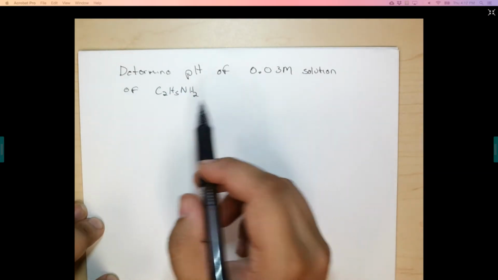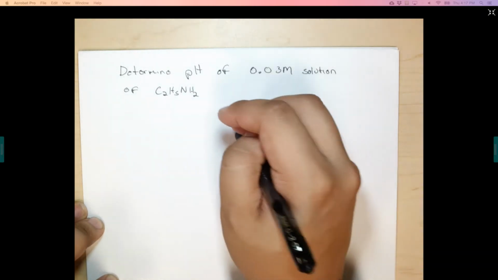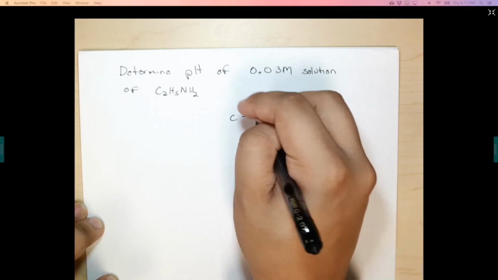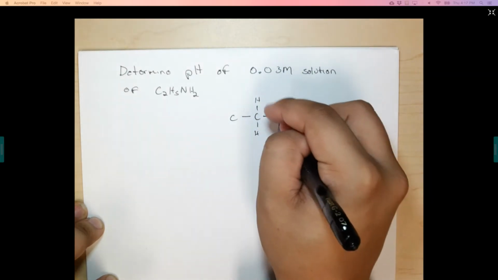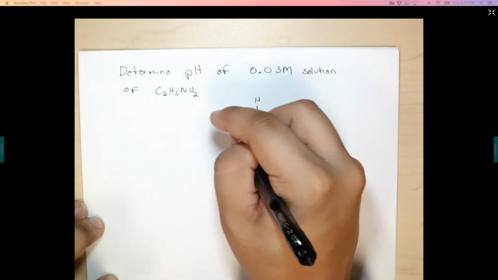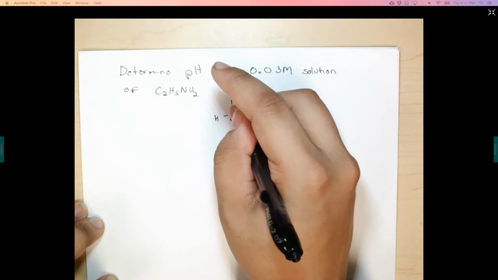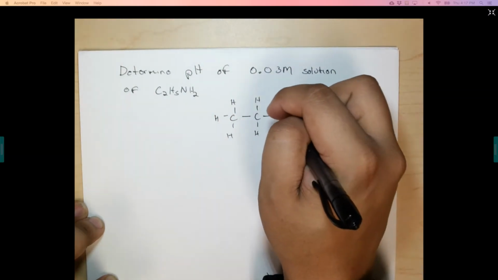Okay, now if we want to talk a little bit of theory, if you take a look at ethylamine structurally, and this is just to get more familiar with why it is in fact a base, not just that it is. Ethylamine looks like this, and the basic portion of the molecule is this lone pair here, right?